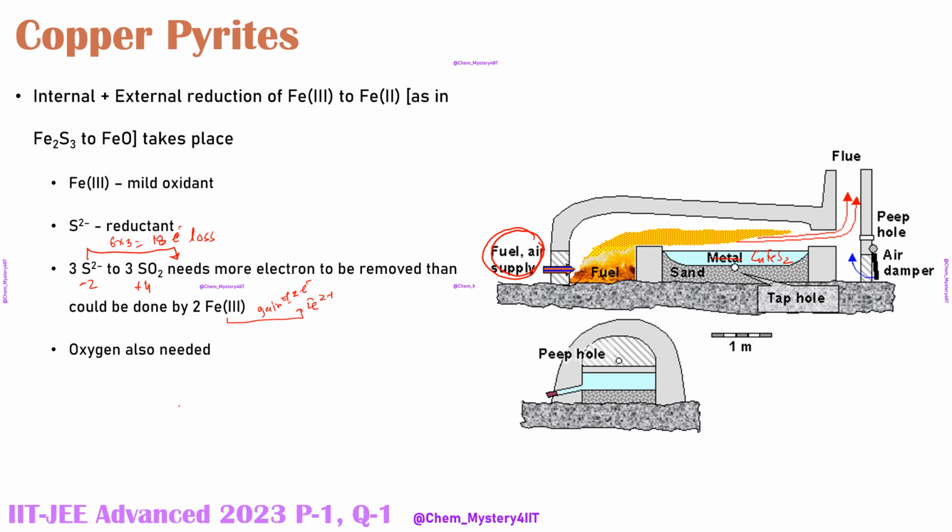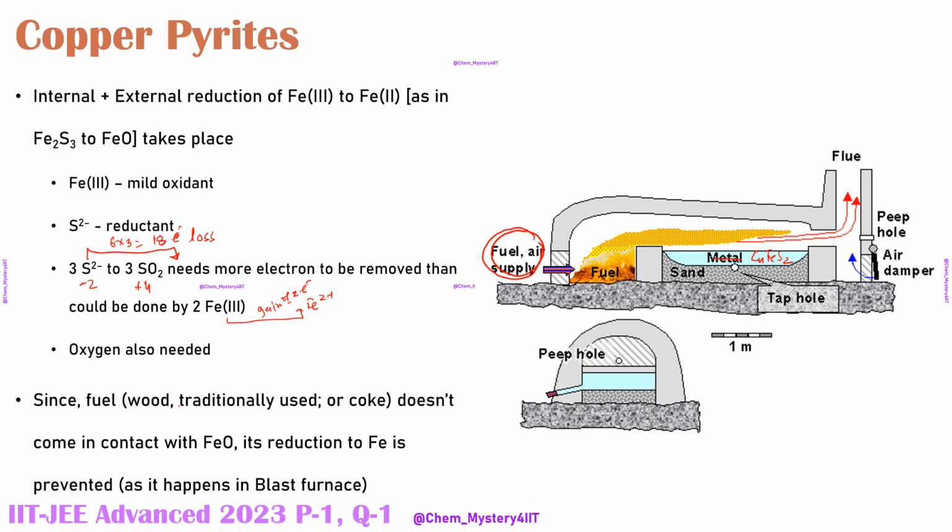This is a little bit about the redox processes, what is happening when copper pyrite is being heated or roasted in the reverberatory furnace. So the fuel we have been using traditionally in the reverberatory furnace was wood. Coke can also possibly be used, but that's not very volatile in nature.